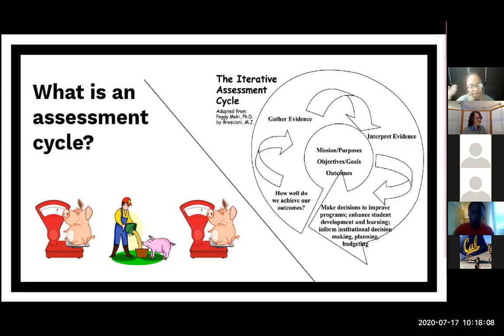But if you want to be a little fancier, another good model for the assessment cycle is Mackey and Bresciani's iterative model, where you center your assessment around the mission, goals, and desired outcomes, which we will talk about in much more detail later. And then once you've centered your assessment around these things, you are going to follow these steps of gathering data and using the data to improve how you do things.